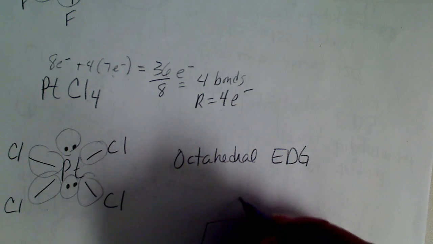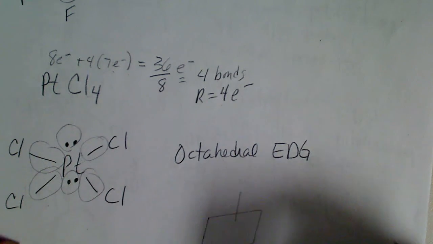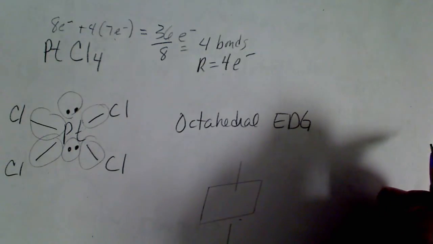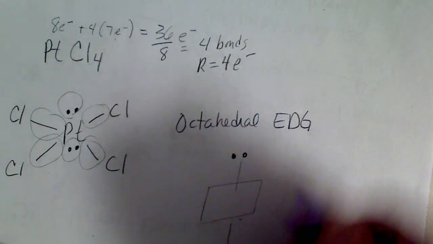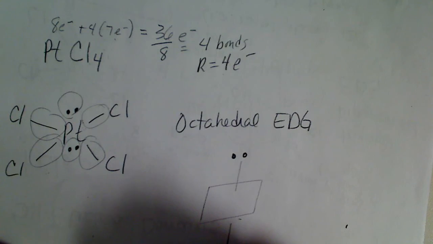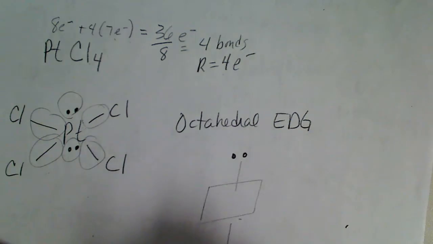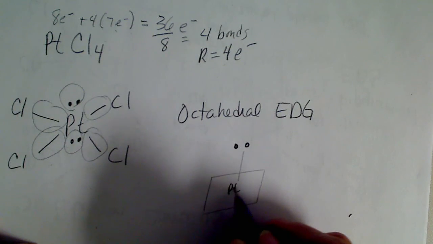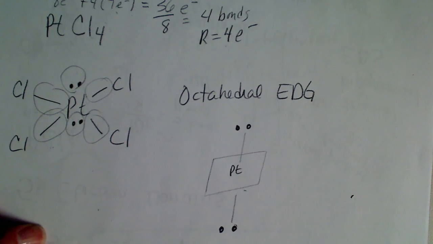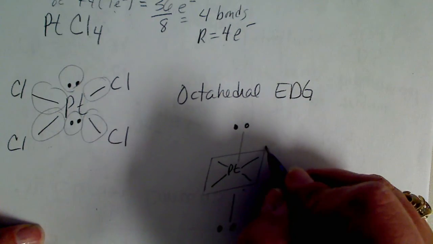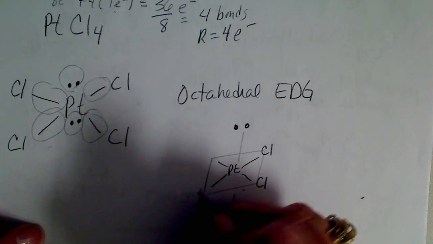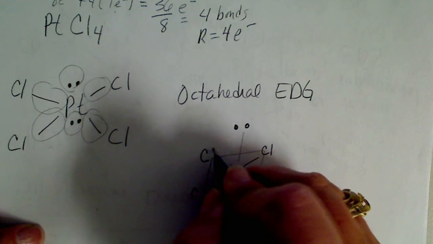And if we were to draw this structure in 3 dimensions, we would see that the lone pairs of electrons get as far apart from each other as they can, because lone pairs take up a lot more room than bonding pairs. So in this case, the lone pairs really are exactly above and below that central atom. Then our chlorines would actually point to the corners of this square.